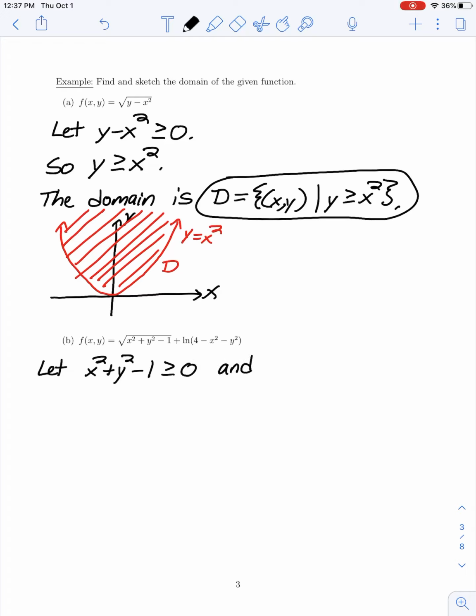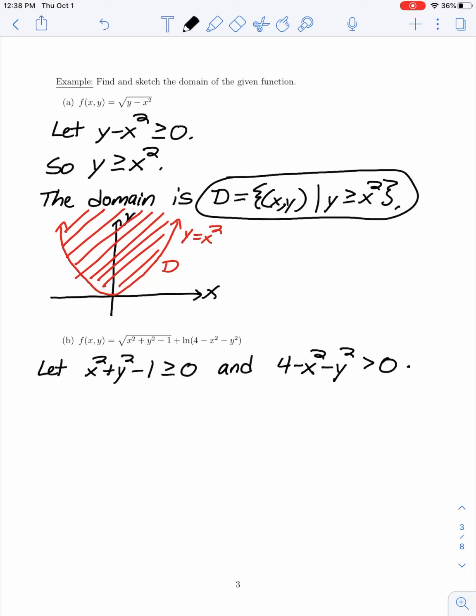And in order for this logarithmic function to be defined, its input, that is 4 minus x squared minus y squared, must be positive. Recall that we can only define the logarithm of a positive number.